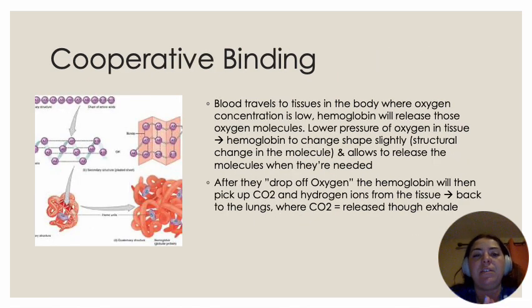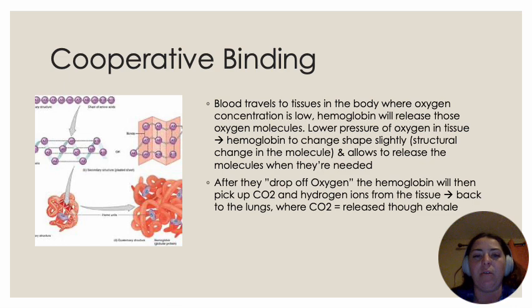So blood travels to tissues in the body where oxygen concentration is low, and then that hemoglobin is going to release those oxygen molecules there. When there is a low pressure of oxygen in those tissues, the hemoglobin will actually change shape a little bit to help release those molecules when they're needed.